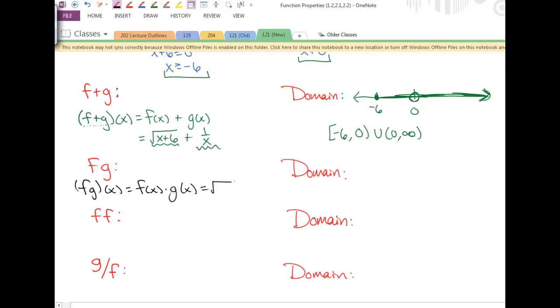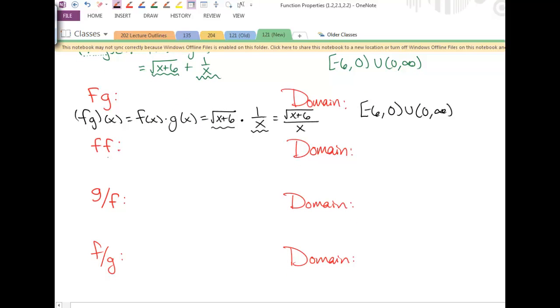So here this would be root x plus 6 times 1 over x, or if I wanted to simplify that a little bit, that would just be root x plus 6 over x. The domain here as well is just whatever the domain of f was and whatever the domain of g was, as long as we can compute both of those, we can compute the product.